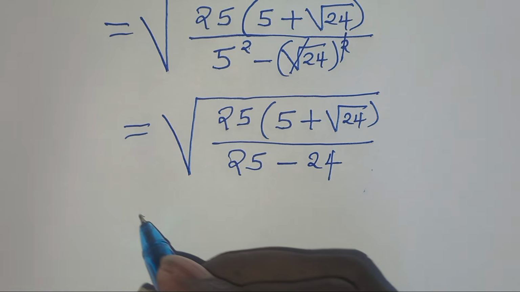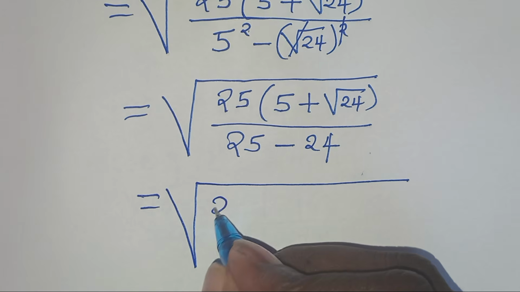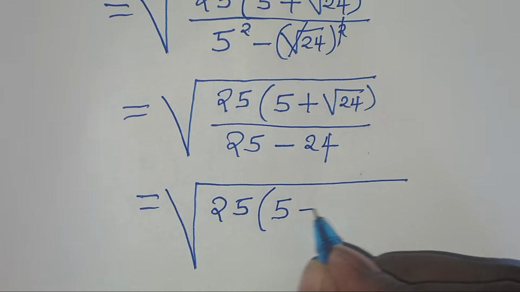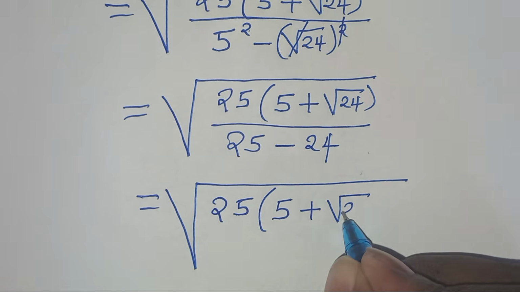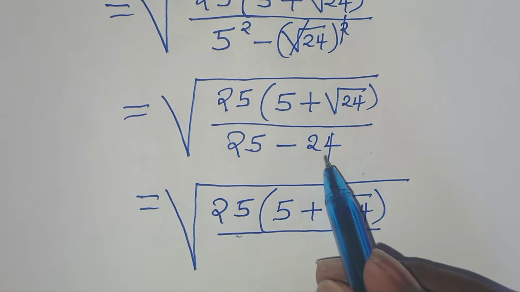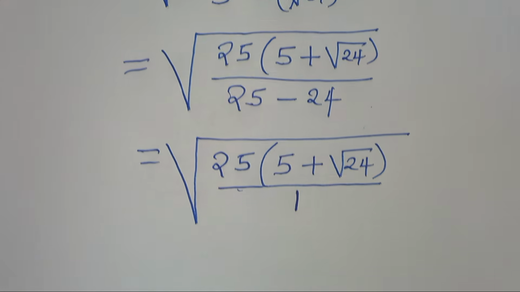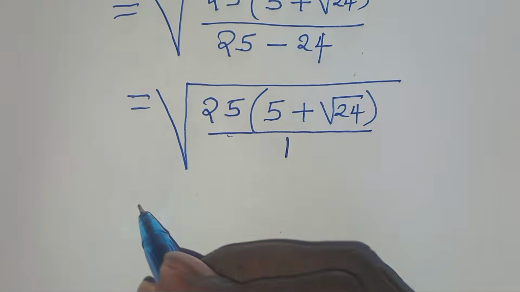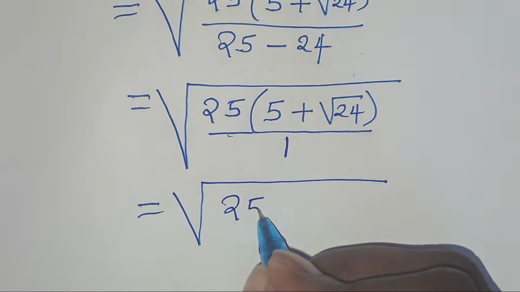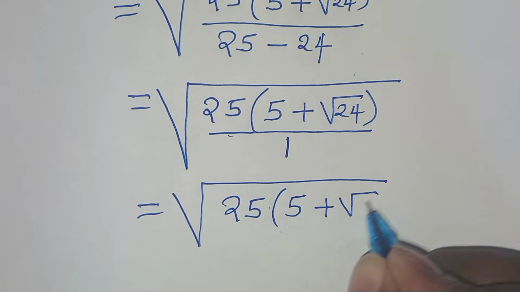The next step is that we have the square root of 25 multiplied by 5 plus root 24. This is divided by 25 minus 24, and this is equal to 1. Now the next step is we have the square root of 25 multiplied by 5 plus root 24.